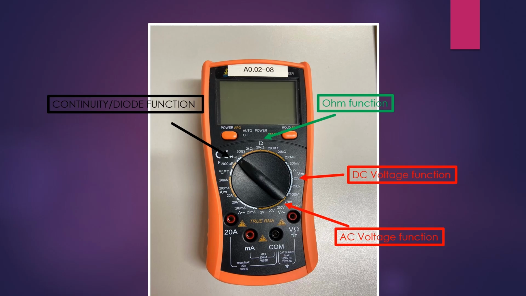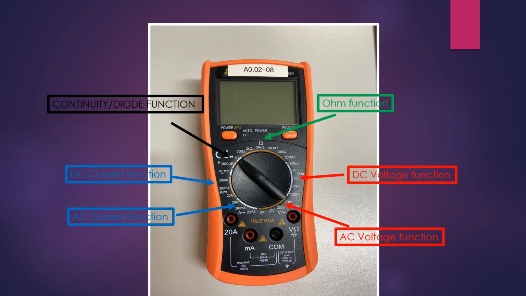This function ranges from 200 millivolts to 1000 volts. We also have the AC voltage function that ranges from 2 volts to 750 volts. Next we have the AC current function that ranges from 20 milliamps to 20 amps, and then the DC current function that ranges from 20 milliamps to 20 amps.